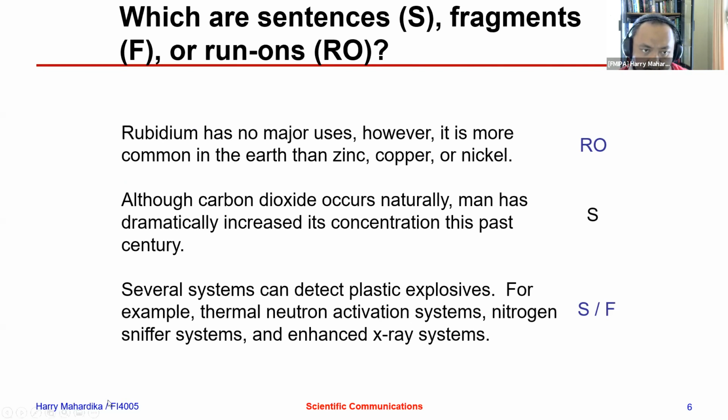So the first one: Rubidium has no major uses. However, it is more common in earth than zinc, copper, and nickel. So even though there is a certain subject here, which is rubidium, the connection between "rubidium has no major uses" and "rubidium is more common in the earth than zinc, copper, and nickel" is not properly addressed.